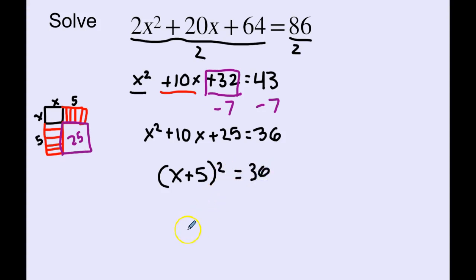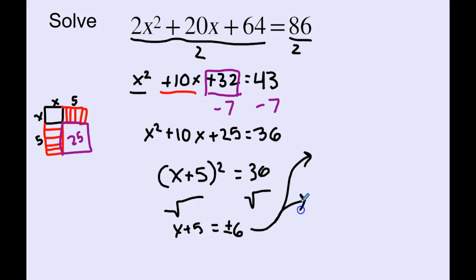Okay, this should look really nice because now on this side, we just have something squared. We can just take the square root of both sides. So we get x plus 5 equals, square root of 36 is 6 and negative 6. So I get plus or minus 6. So now we just got to finish this problem out.